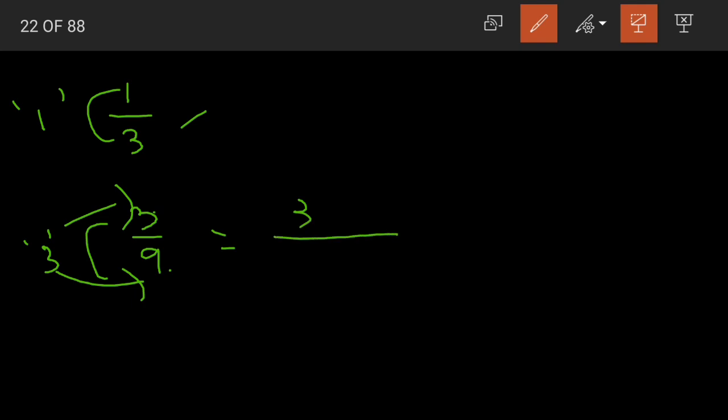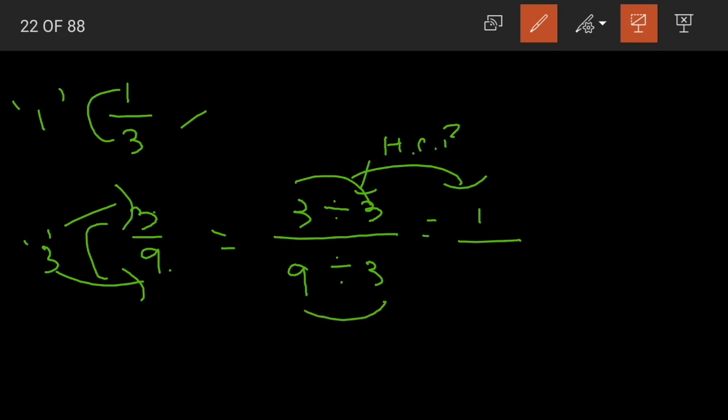Now how to reduce? Divide both the numerator and denominator by our 3. Why 3? Because 3 is the highest common factor of the given numbers. Now 3 divided by 3 is 1, 9 divided by 3 will be 3. What fraction did we get, children? 1 by 3.